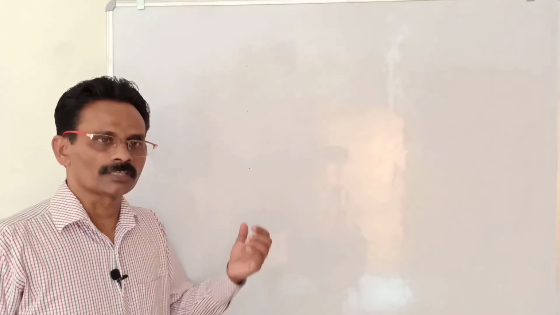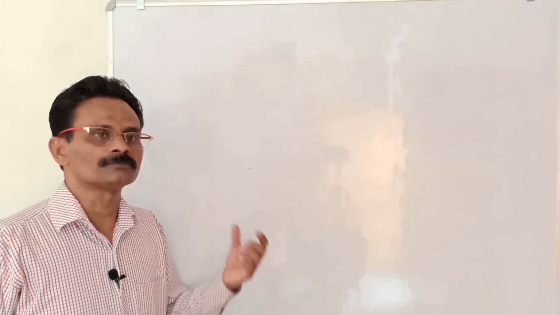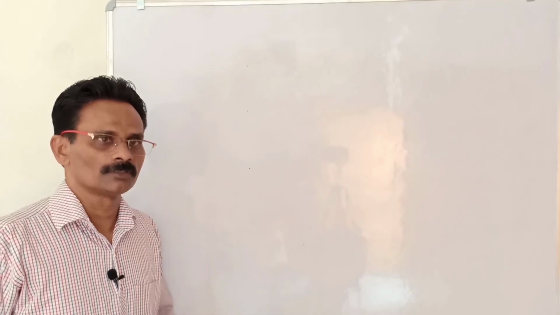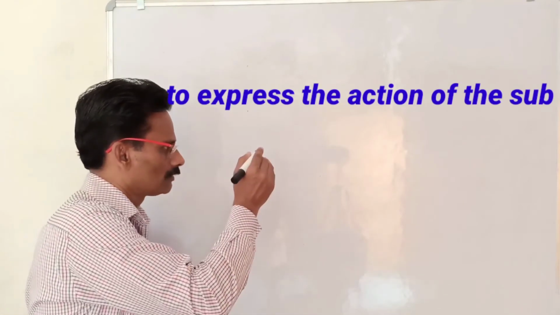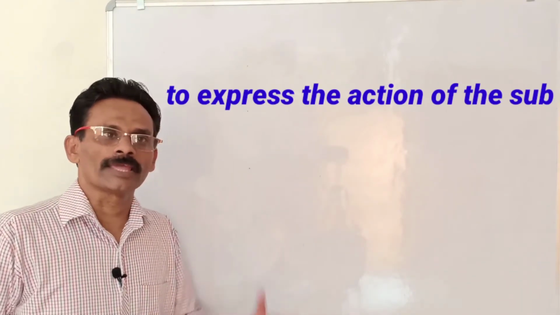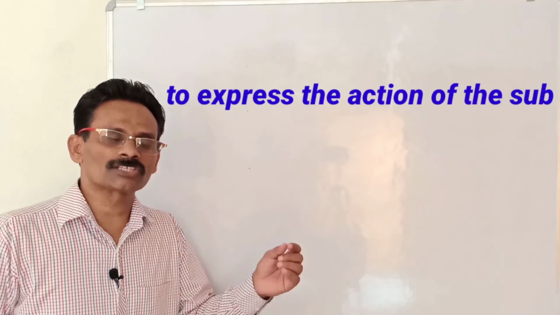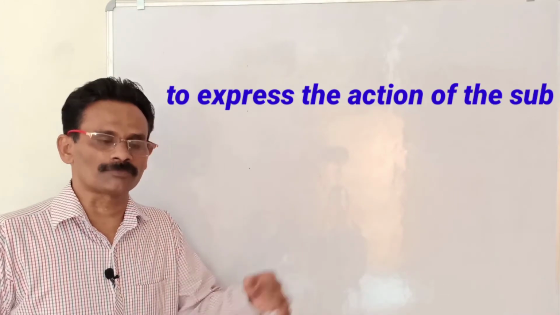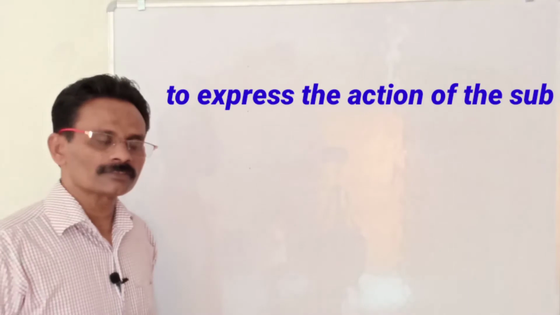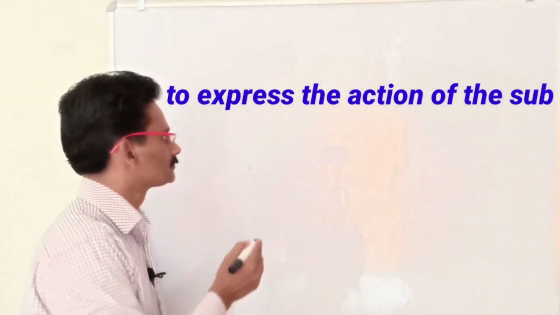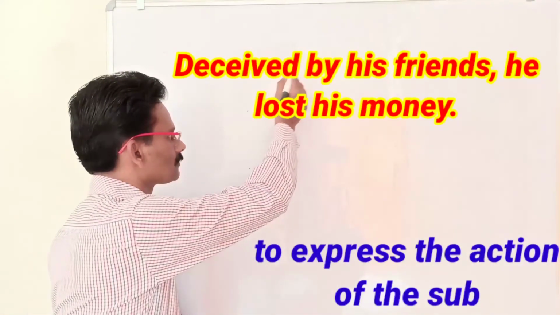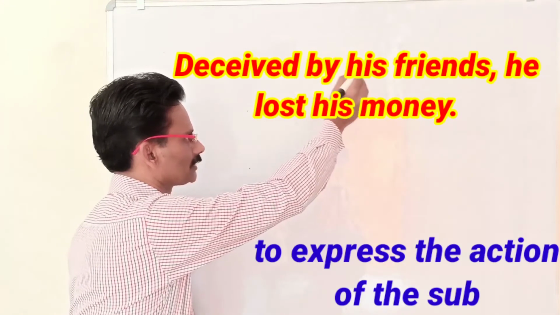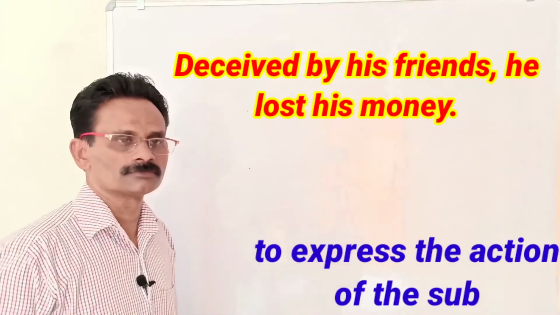Let's learn the next use of past participle. Past participle can be used to express the action of the subject. Let's examine one sentence. Deceived by his friends, he lost his money.